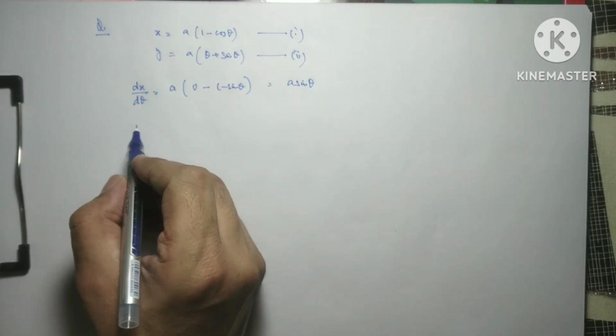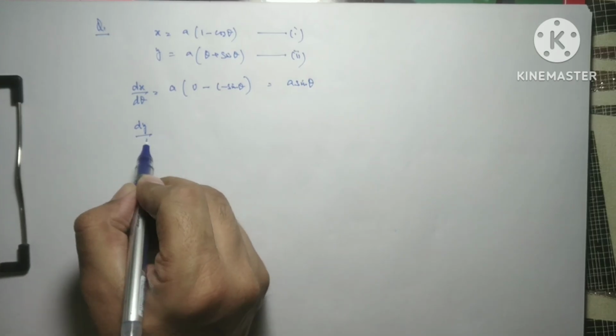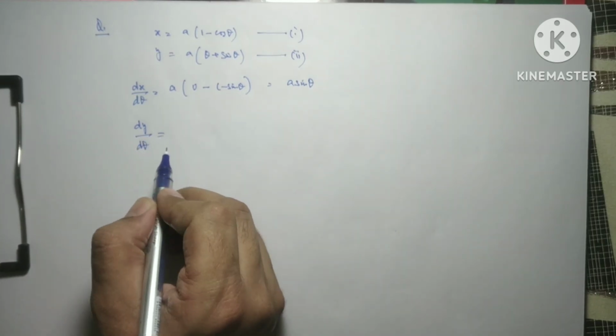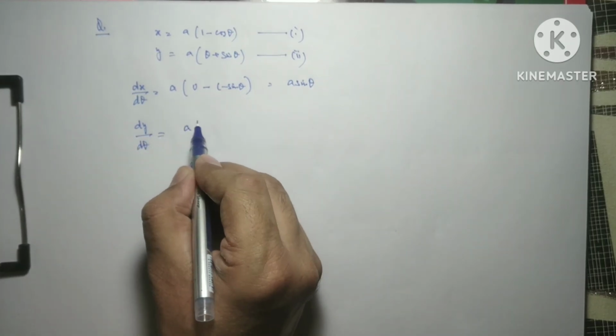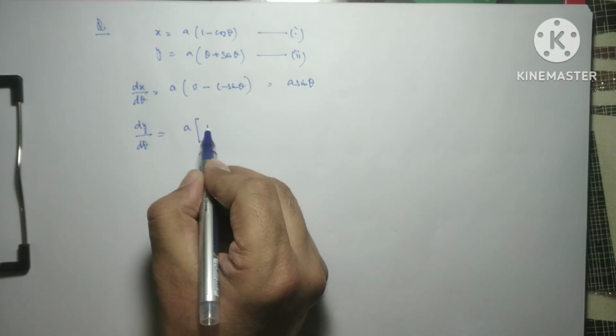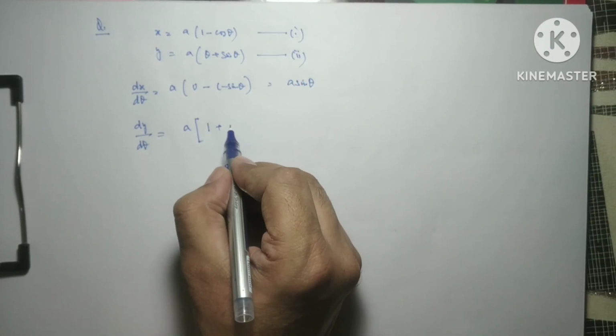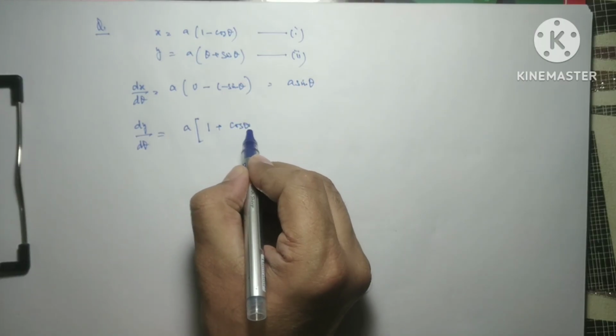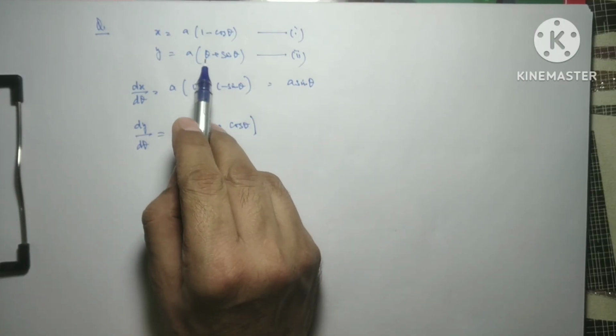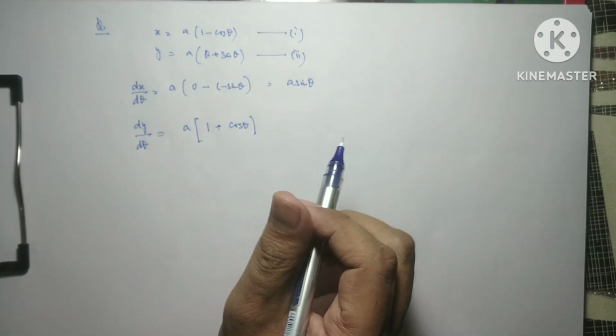And similarly, when you differentiate y with respect to theta, you get the differentiation of theta is 1, and the differentiation of sin theta is cos theta.